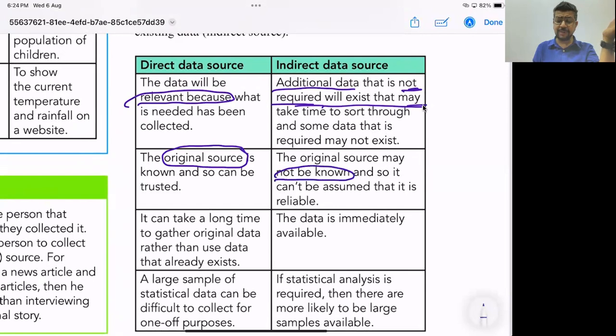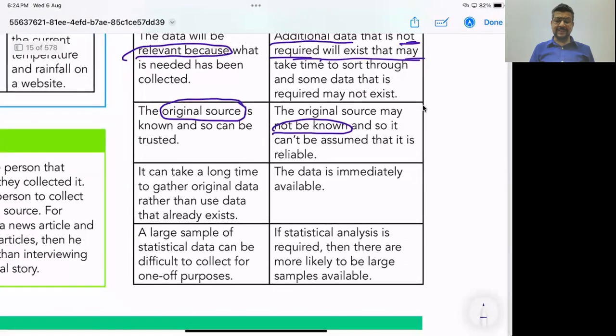The original source may not be known, and what purpose you collected it for can't be assumed, so the data is not necessarily reliable. For example, I collected the data for a future purpose and now I'm sending a message about new classes. If you have passed out, then this message is useless for you. It's the same thing.